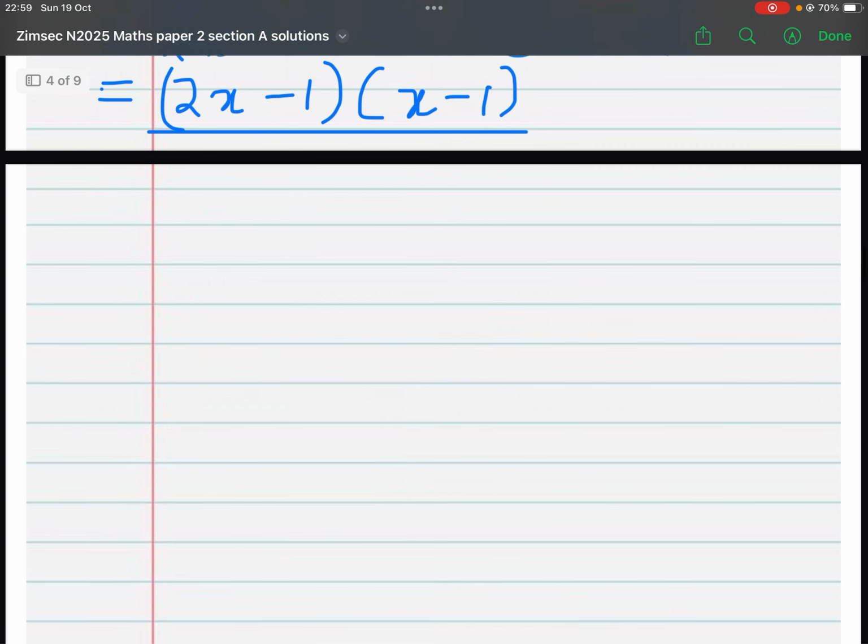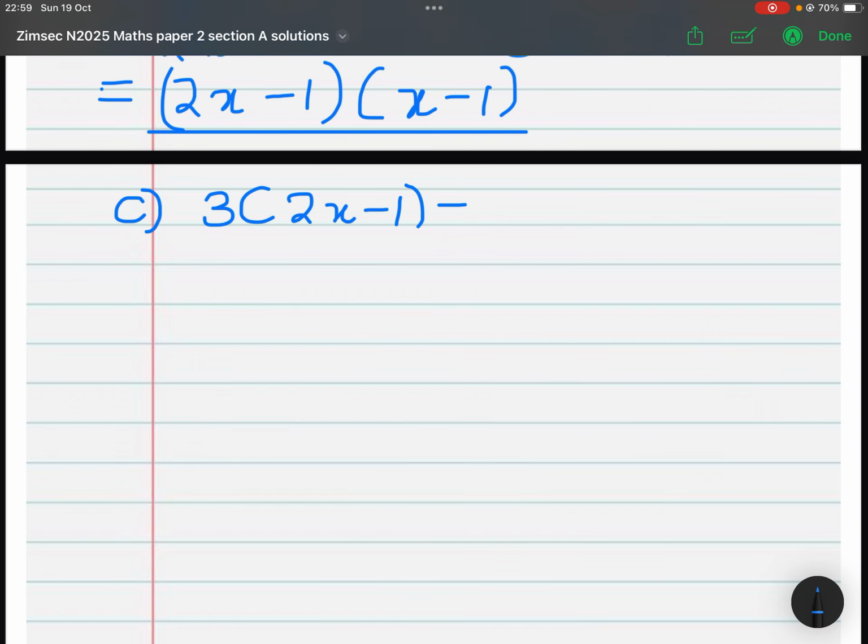So let me copy the question. We are now on part C of the question. So we write our part C here. It is saying 3 times 2x minus 1 minus bracket 2 minus x is equal to 7.